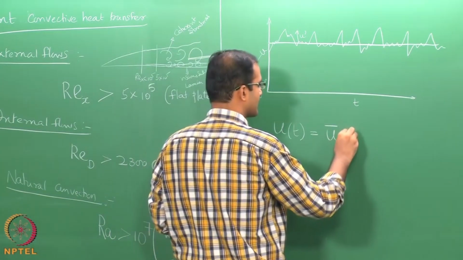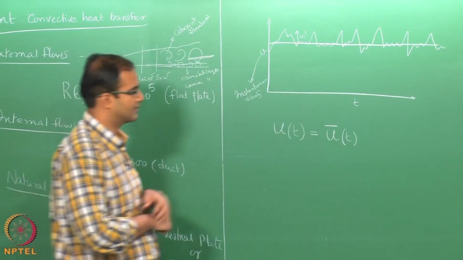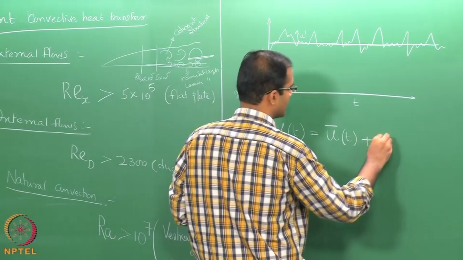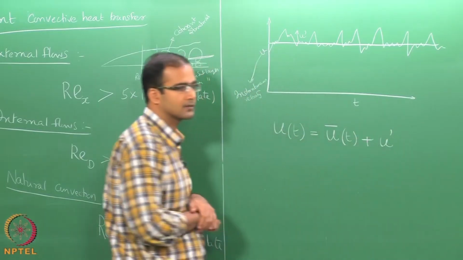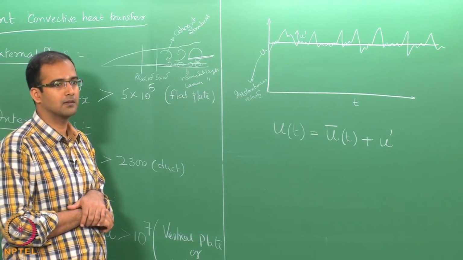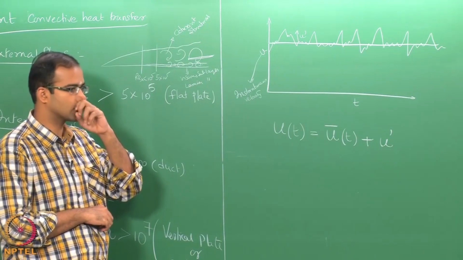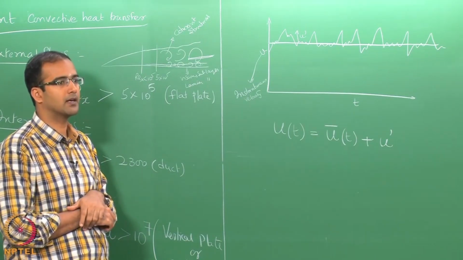This average can also be a function of time, we will see that. This is a simpler way of representing the instantaneous velocity, because the instantaneous velocity has too much data which we may not need.